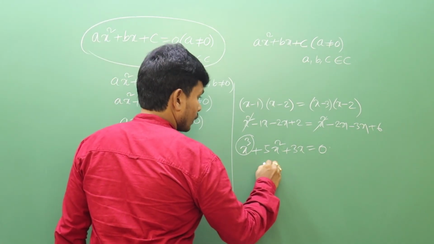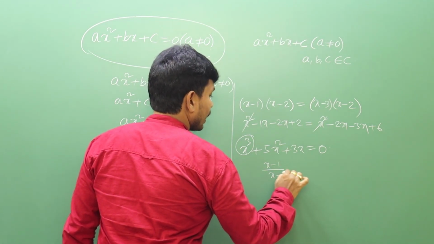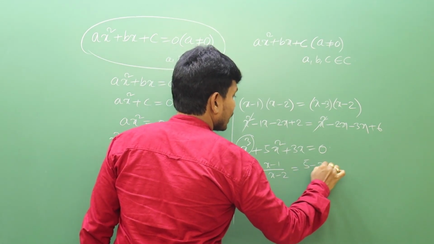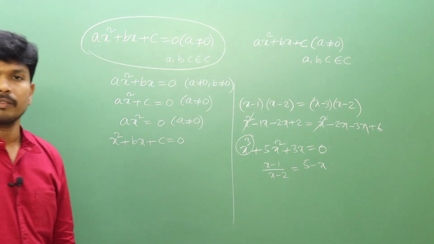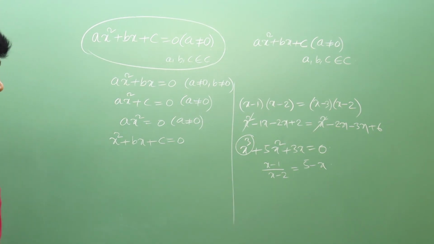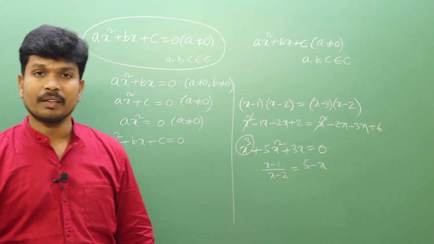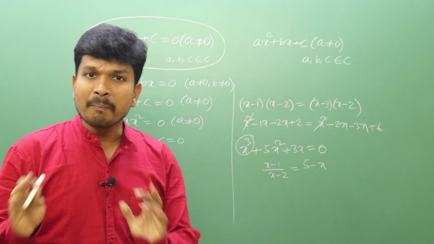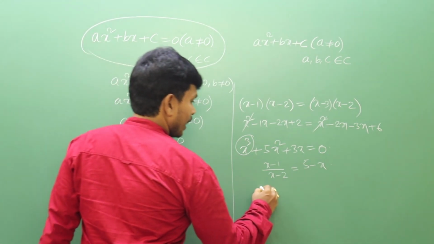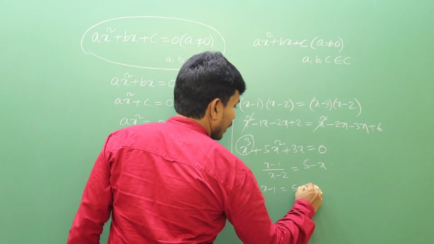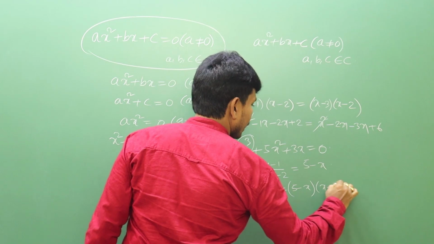Next one, (x − 1)/(x − 2) = 5 − x. Is it a quadratic equation? Observe, the degree is 1, 1, 1. After simplifying you have to say: x − 1 = (5 − x)(x − 2).